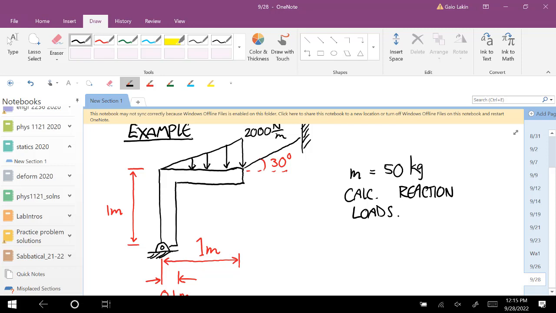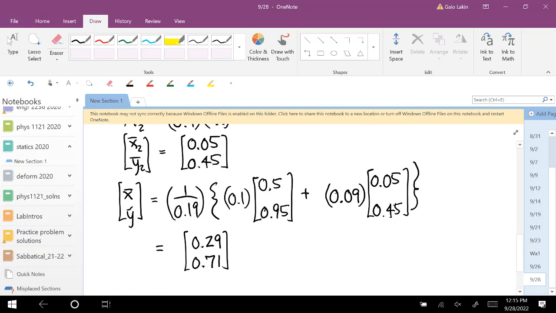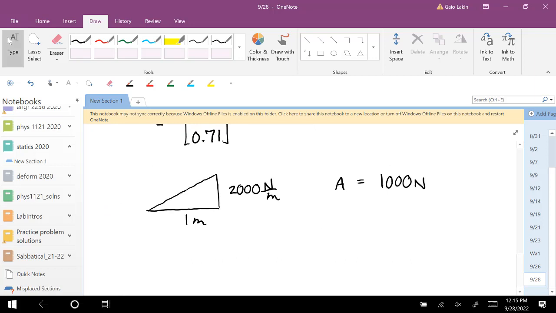Okay, and for the distributed loads, the y centroid does not come into play at all.